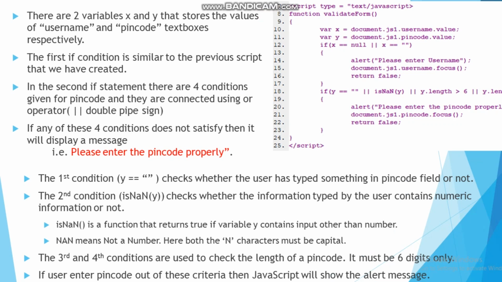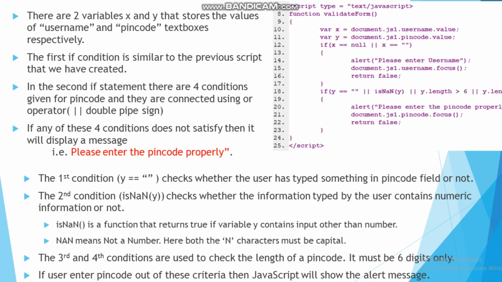It is also similar to the if function and alert function that we have used. isNaN is a function that returns true if variable y contains input other than a number. NaN means not a number. Here both the N characters must be capital, because JavaScript, you know very well, is a case sensitive scripting language.